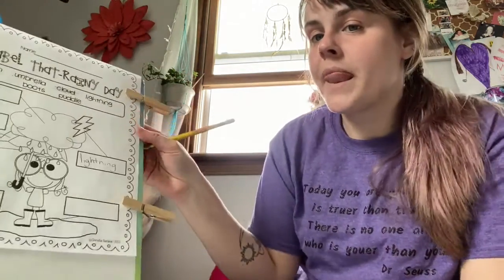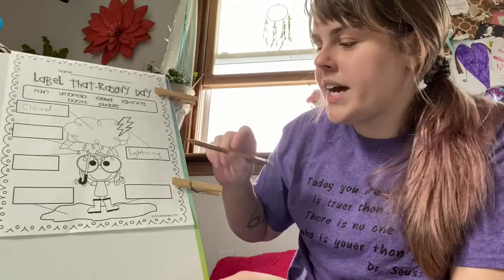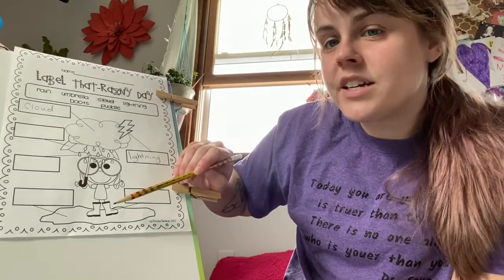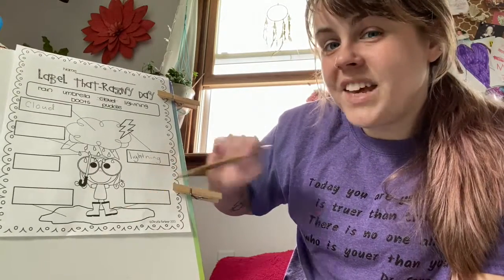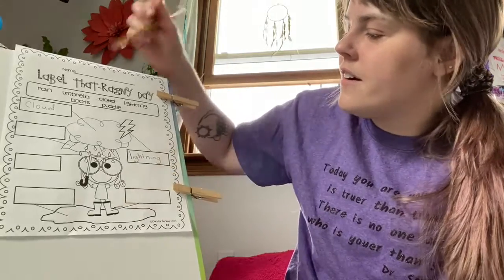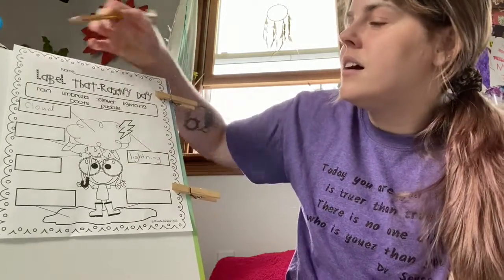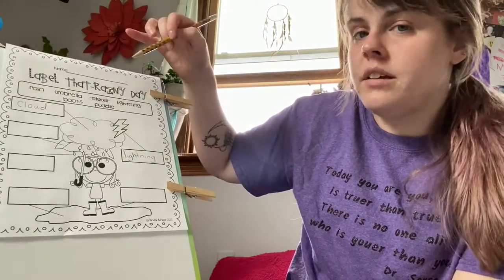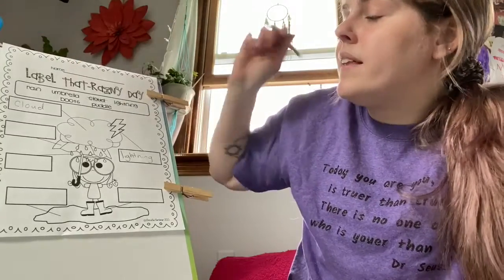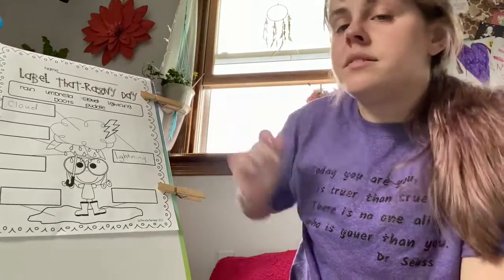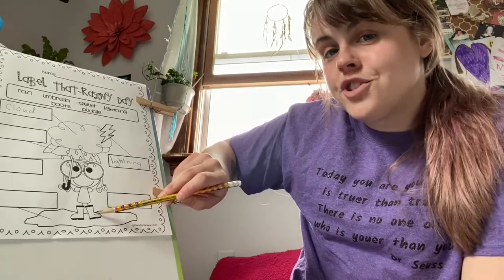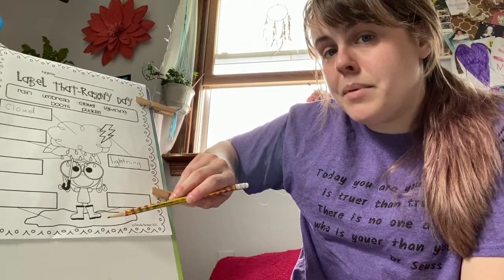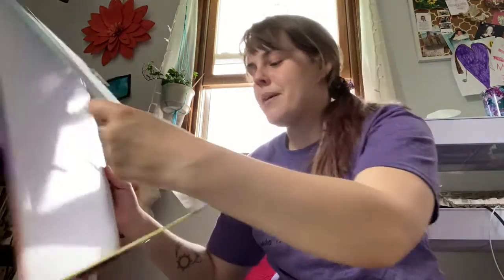All right. So we're going down the side. This one is pointing to her feet. What is on her feet? Is rain on her feet? I don't think so. On her feet, she's wearing boots. So we're gonna write boots.